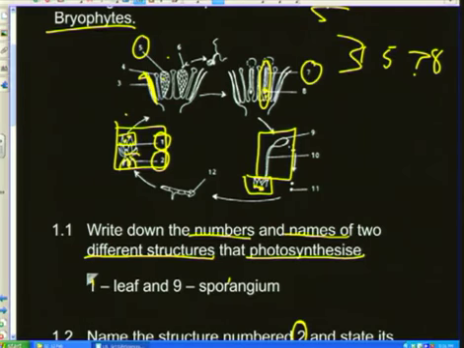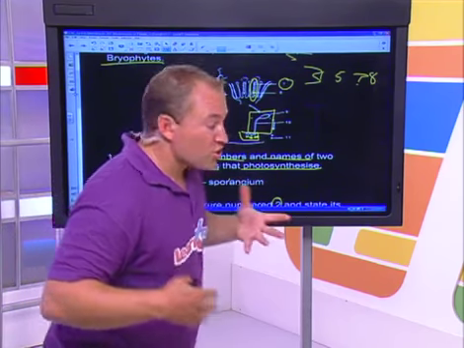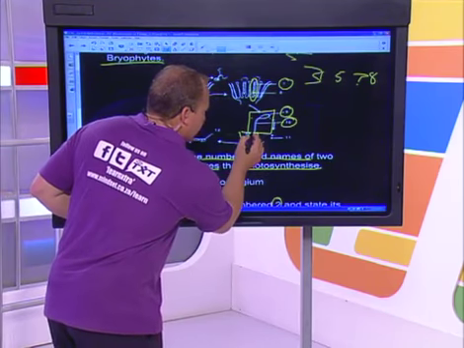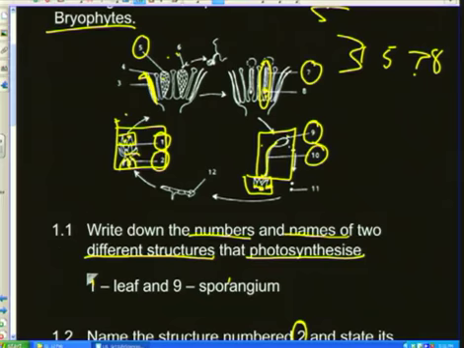That is your Gametophyte generation. What grows on top of the Gametophyte generation? It's your Sporophyte generation. So what numbers represent it? It's number 9 and 10. It's this whole part plus that, the whole piece.